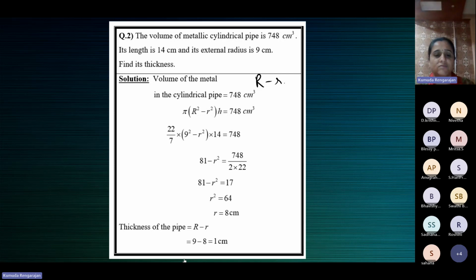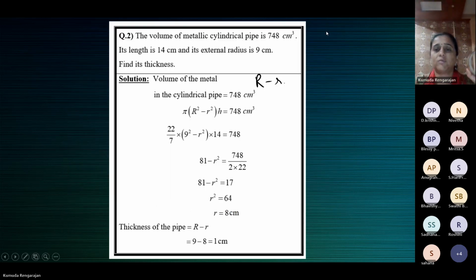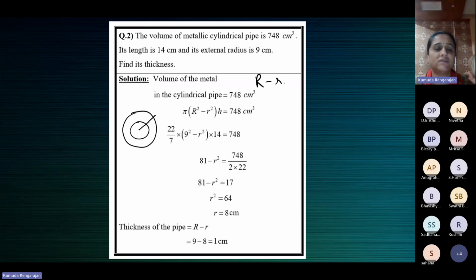How do you find the thickness of the wall? Again, come back to the sellotape. Supposing the external radius, capital R, is 10, and the radius from here to here, small r, is 4.